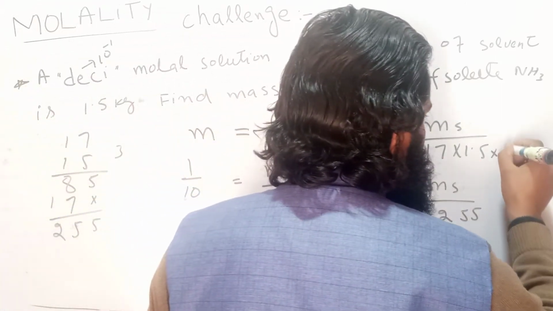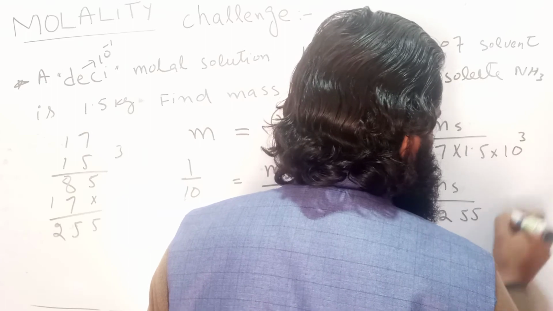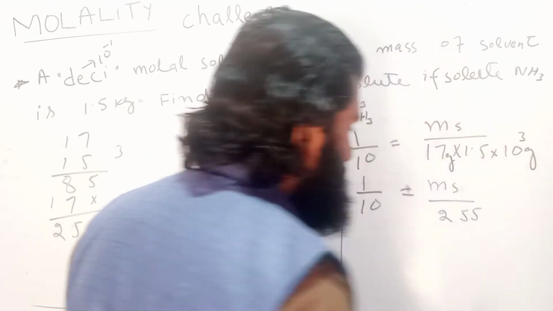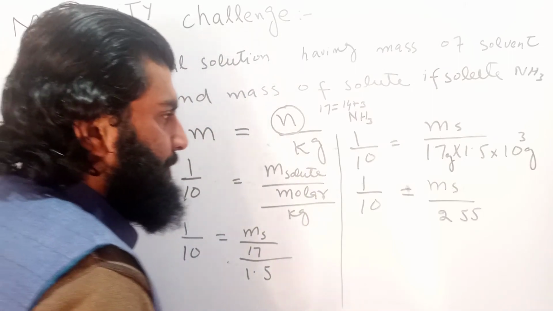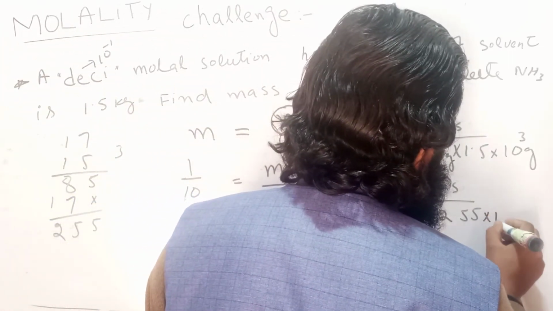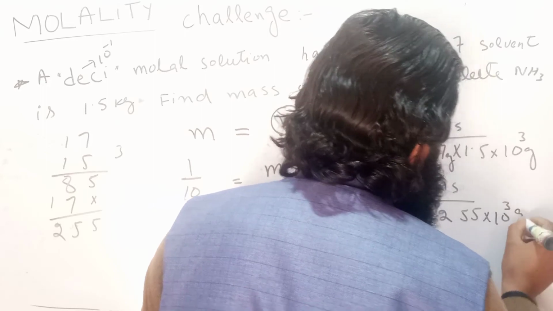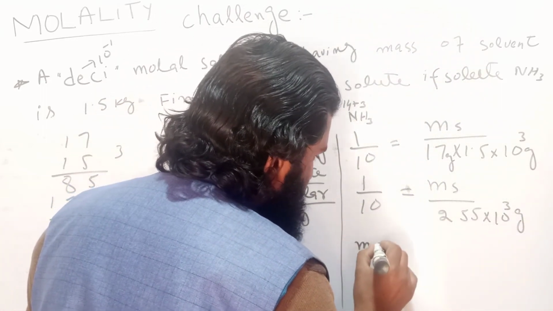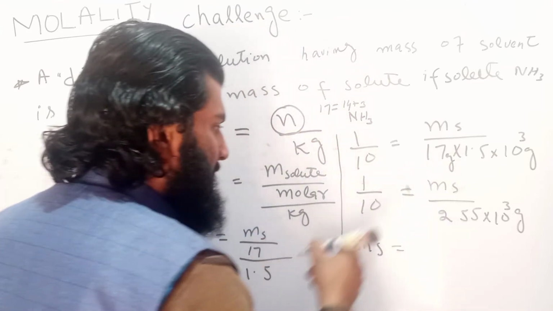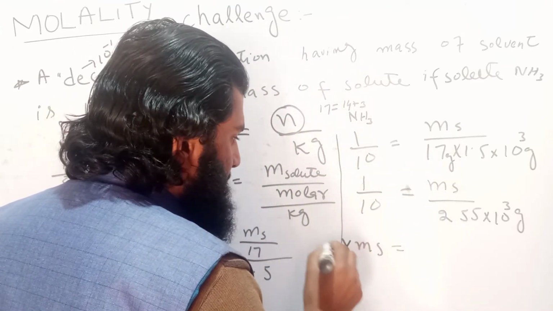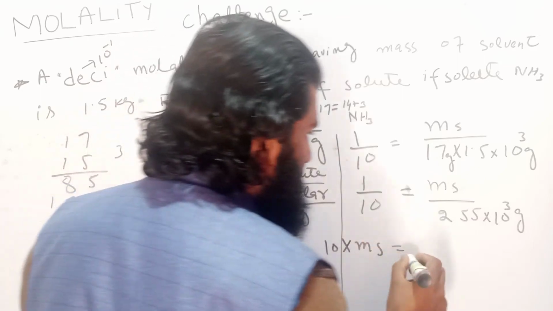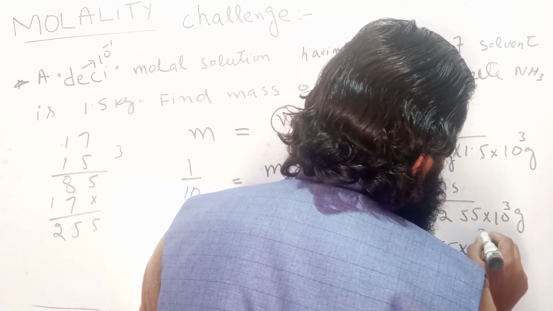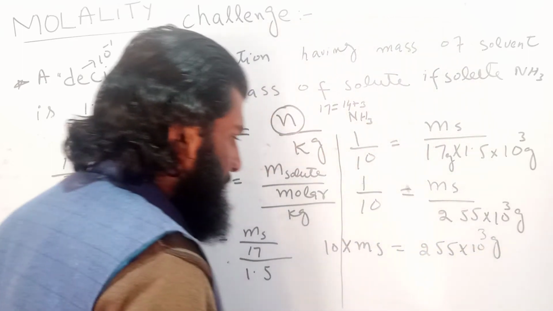So now we write 10 raised to the power 3 grams. By cross multiplication, mass of solute multiplied by 10 is equal to 25.5 times 10 raised to the power 3 grams.